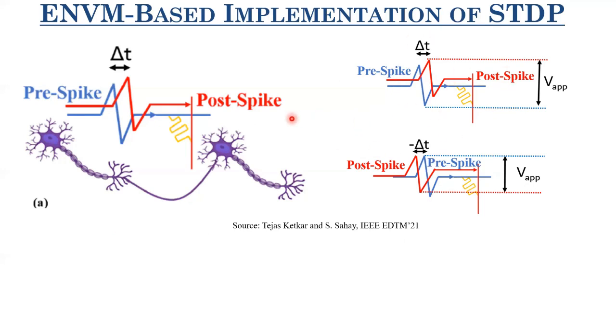However, an implication of device variation is that the set threshold voltage and reset threshold voltage are different for different devices. So the same voltage, from identical pulses, may not be sufficient to induce set or reset in all the synapses in that network.